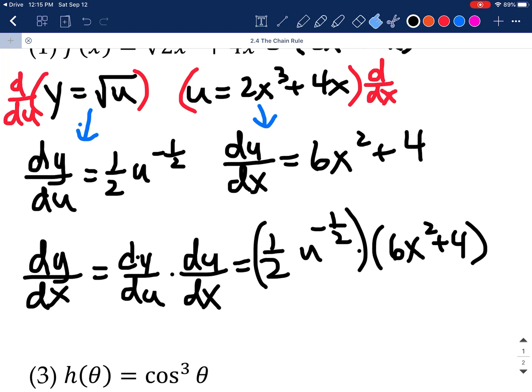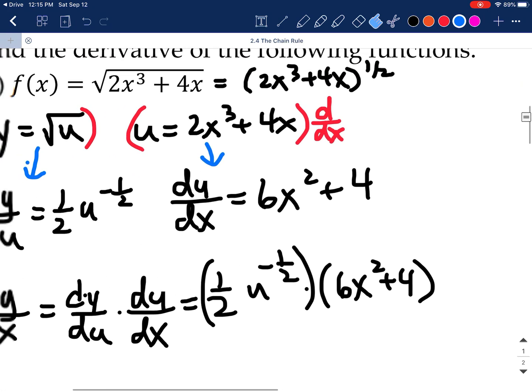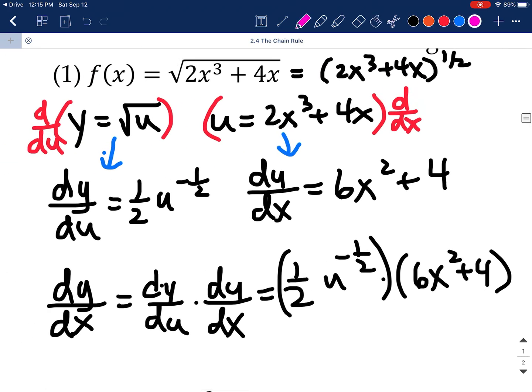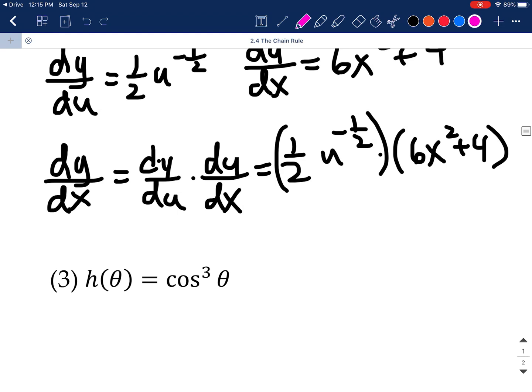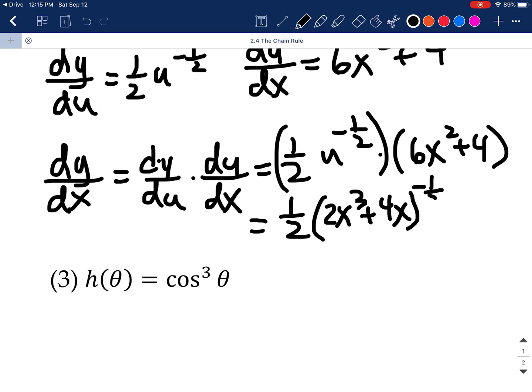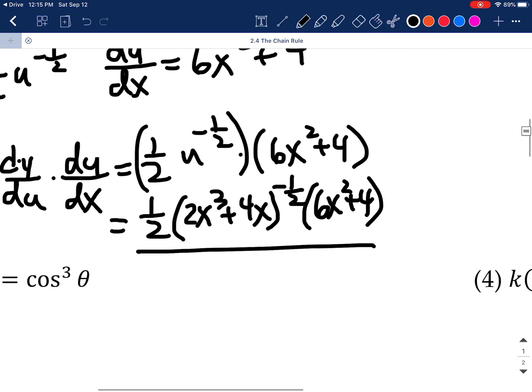But now I've got two variables and we want only one variable, so I'm going to substitute u to the 1/2 for what my original u was, which was that cubic polynomial. So what we're going to end up with is 1/2 times 2x cubed plus 4x to the negative 1/2 times 6x squared plus 4. And that's going to be our answer.